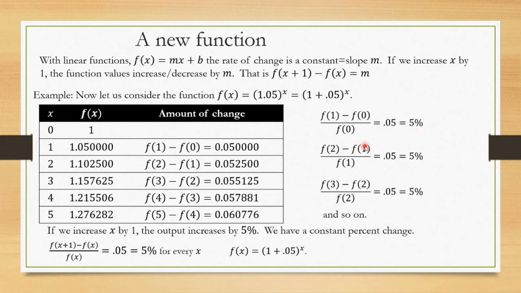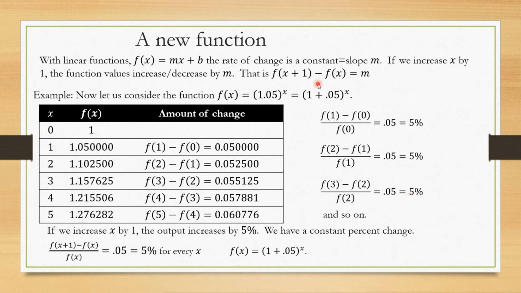As x goes from 1 to 2, the output increases by 5%. As x goes from 2 to 3, this is the change in output, the relative change, but then we convert it to a percent. The output is increasing by 5%.